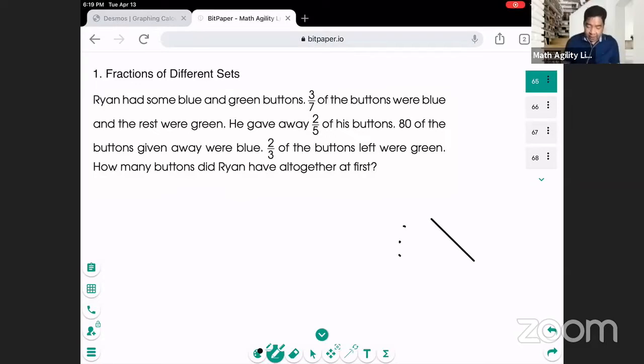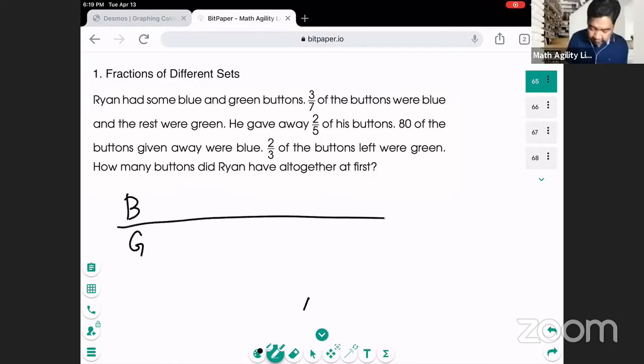So I'm going to use my own method of solving this. If you watched last time's Singapore math session, I'm using the table method. So first we have the blue and green, and then it says 3/7 of the buttons were blue.